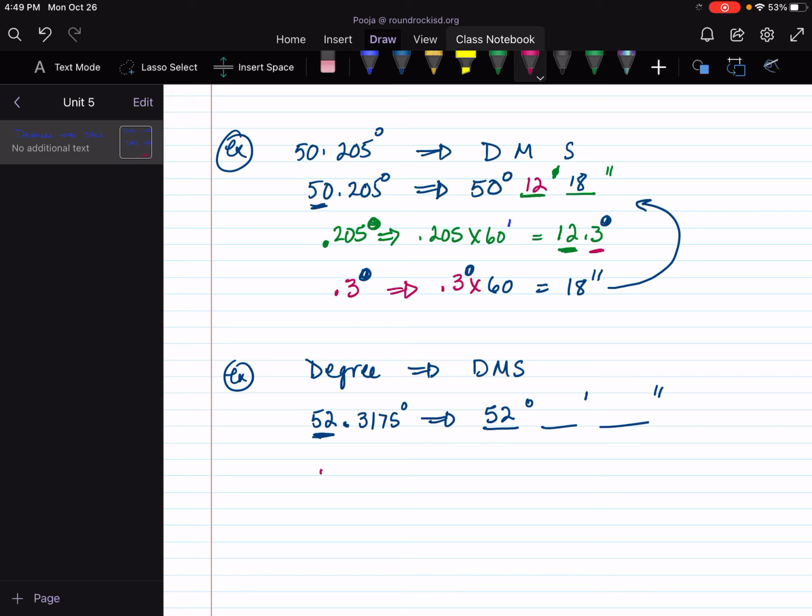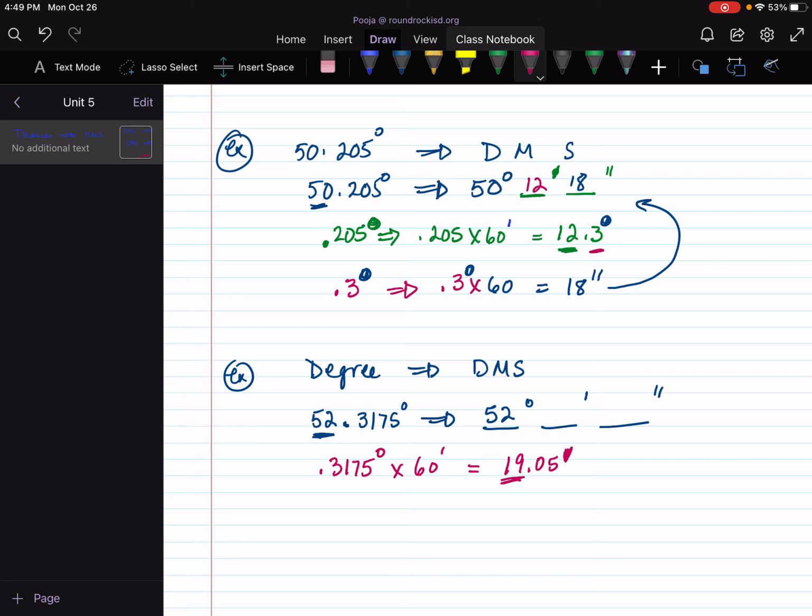Then I'm going to take the decimal part, 0.3175 degree, and convert it to minutes. If I multiply it by 60, let me use my calculator, that's 19.05 minutes.